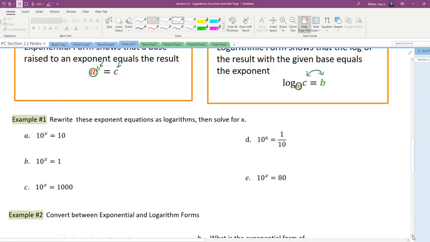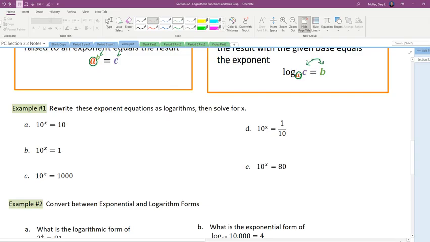So let's rearrange this as a logarithm. So 10 to the x equals 10. So that would be log base 10, and then we grab the 10, of 10 equals x.